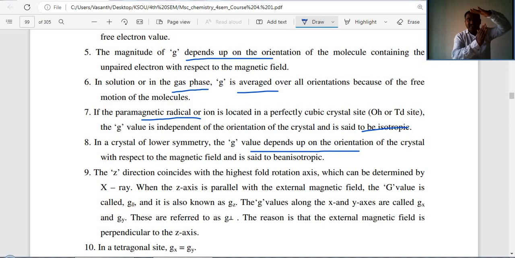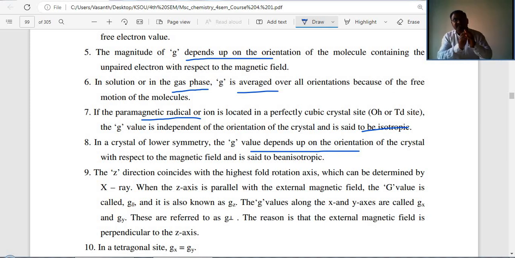When the Z-axis is parallel with the external magnetic field, the g value is called g parallel. It is known as gzz. The g values along the X and Y axis are called gx and gy. These are referred to as g perpendicular.